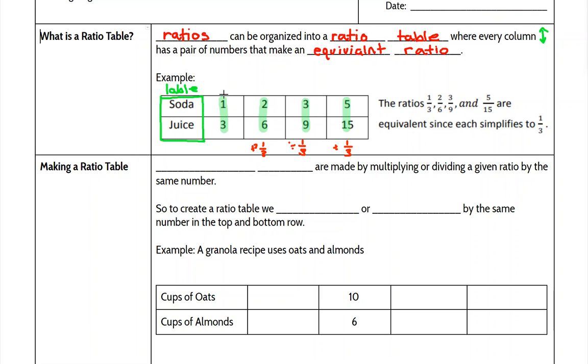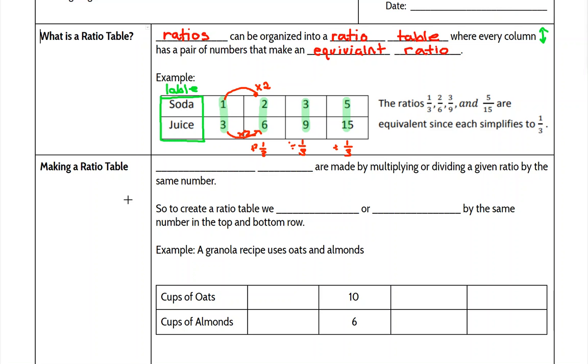You can also notice that to get from one ratio to the other, they've multiplied the top number and the bottom number by the same amount. To get from 1 to 2, we did times 2. To get from 3 to 6, we did times 2. To go from 1 to 3, we multiply by 3. 3 to 9, we would multiply by 3.